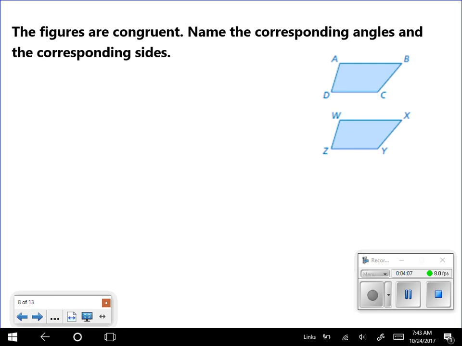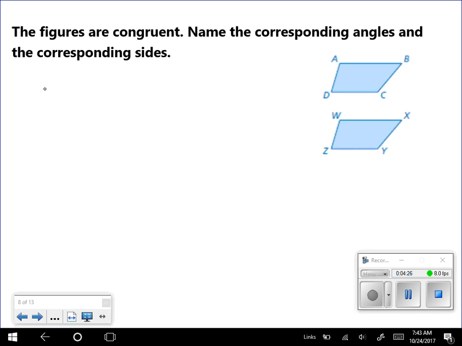Okay, it says the figures are congruent, so it already tells us that up front. Name the corresponding angles and the corresponding sides. So we want to match up each angle with the angle from the other figure that it's corresponding with, and the sides as well. So we're going to list all of them. We'll start with the angles.